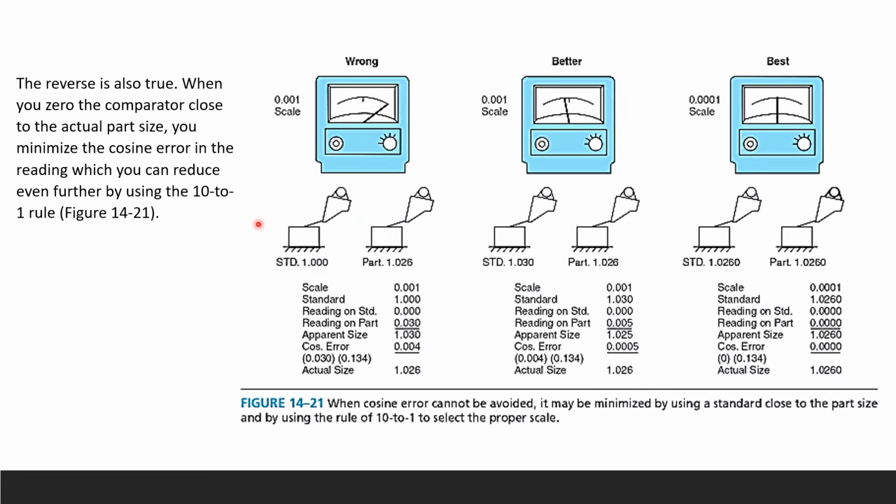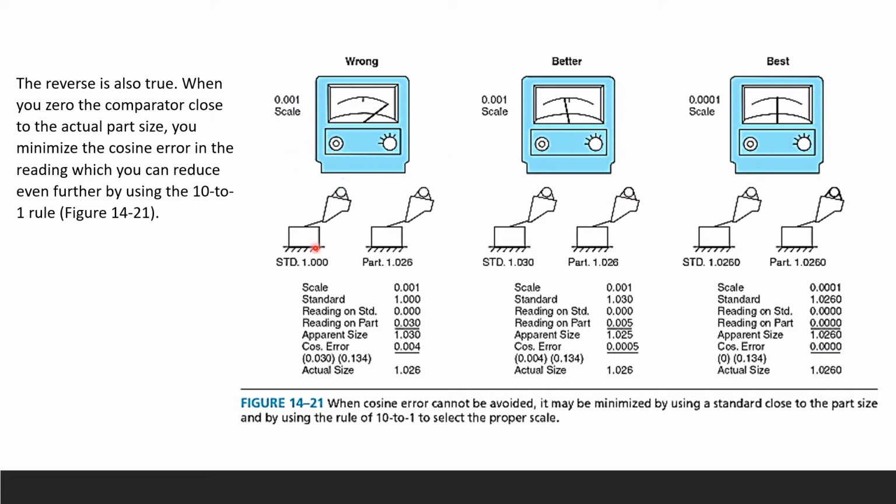When you zero the comparator close to the actual part size, you minimize the cosine error in the reading, which you can reduce even further by using the 10-to-1 rule. So here it is showing that when cosine error cannot be avoided, it may be minimized by using a standard close to the part size and by using the rule of 10-to-1 to select the proper scale.